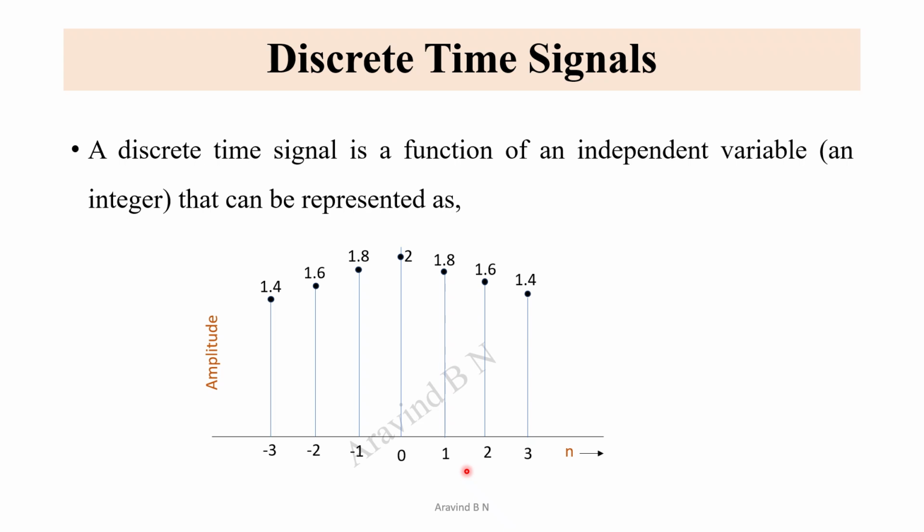These are the discrete values we have, and only at these locations do we have a definition for the amplitude. The y-axis is the amplitude. At -3, the amplitude is 1.4. At 0, the amplitude is 2. Similarly, we have values for all the other locations.